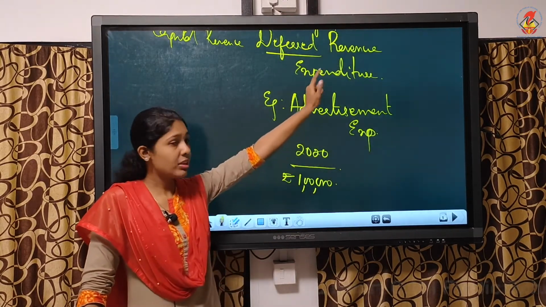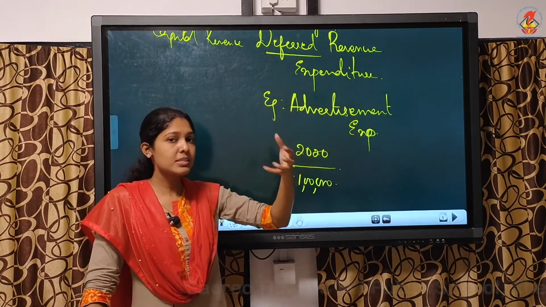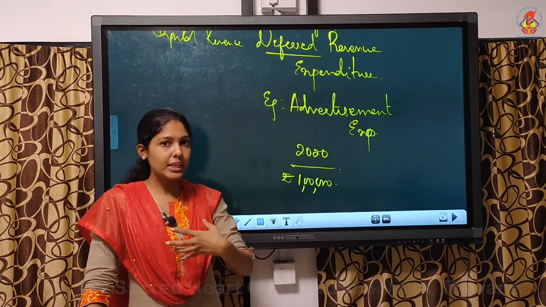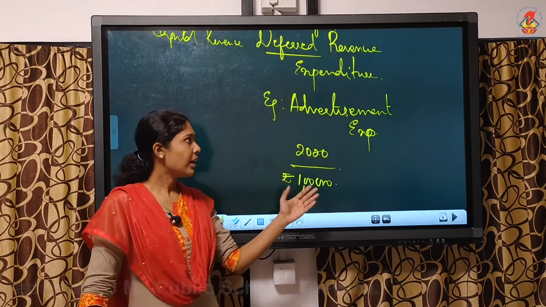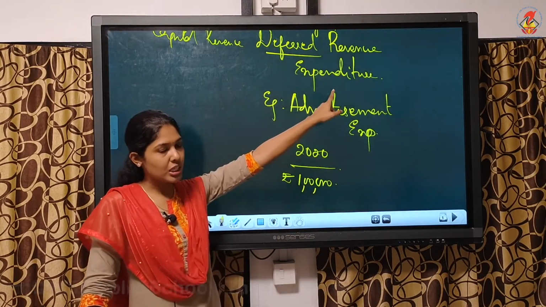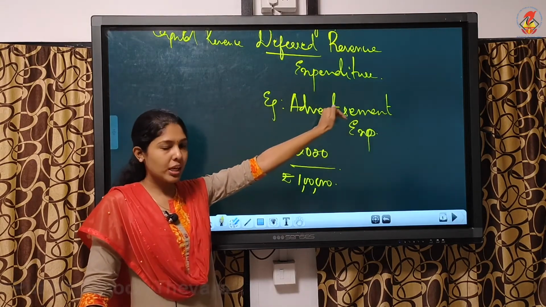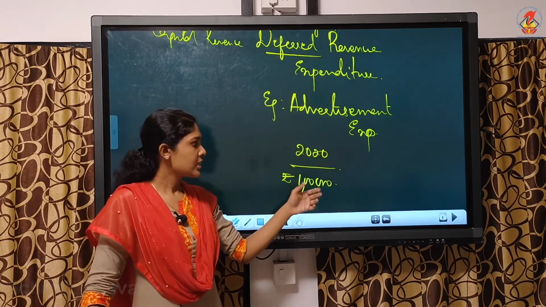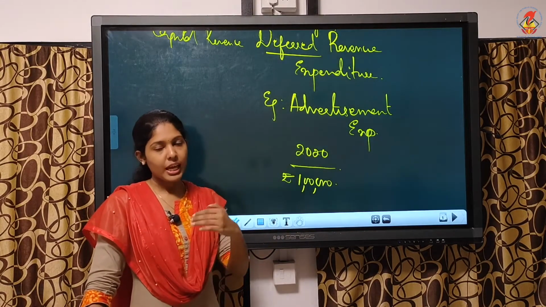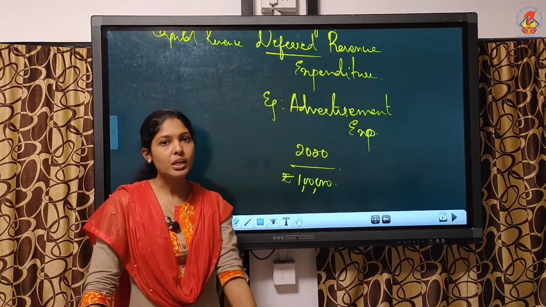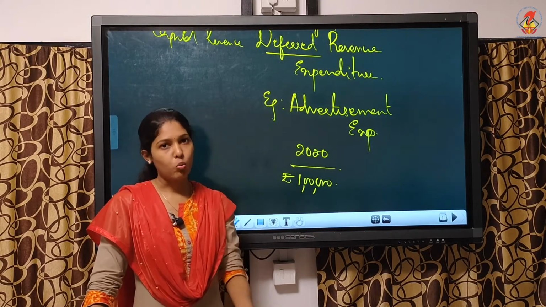So though it is revenue expenditure, meaning the benefit should get exhausted in the first year itself, the nature is not completely revenue, because the benefit will not be earned in the first year. It will be spread over a period of more than 1 year.